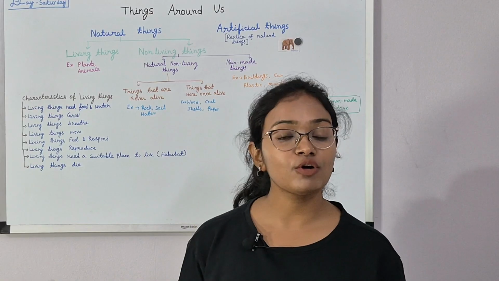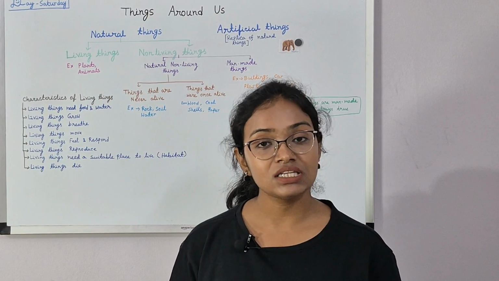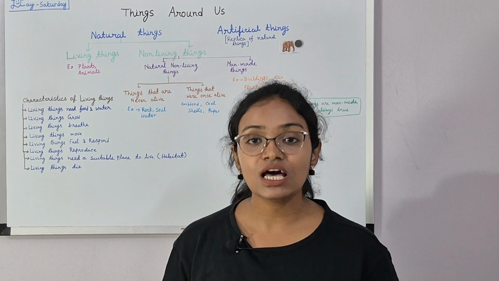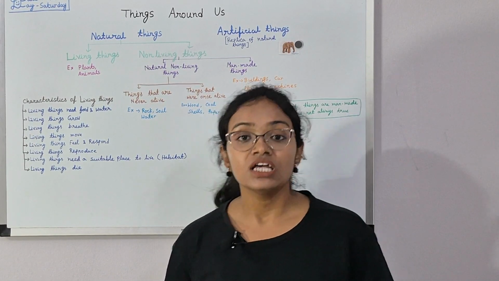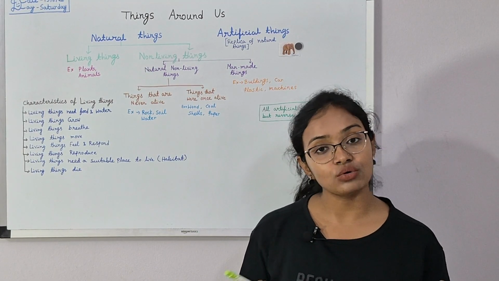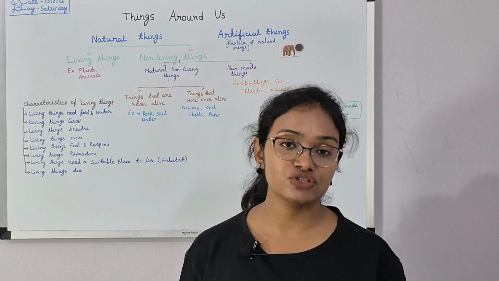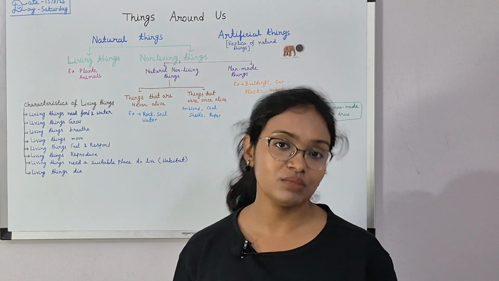So these types of things we can't call artificial things, but they are man-made things. Example: computer, telephone. These are not artificial things. They are totally invented by humans. They are not the replica of any natural thing, but they are man-made things.